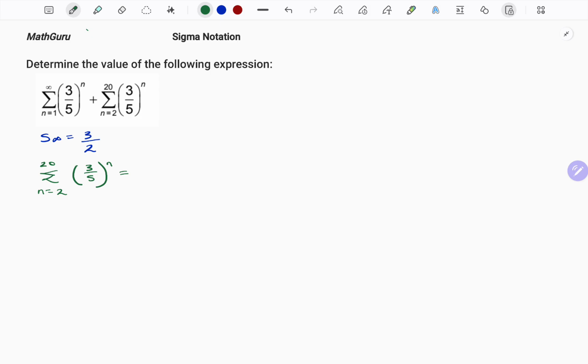Note that my n here doesn't start at 1, but at 2. So that's going to be 3 over 5 squared, plus 3 over 5 to the power of 3, and it goes on to the last term, 3 over 5 to the power of 20.